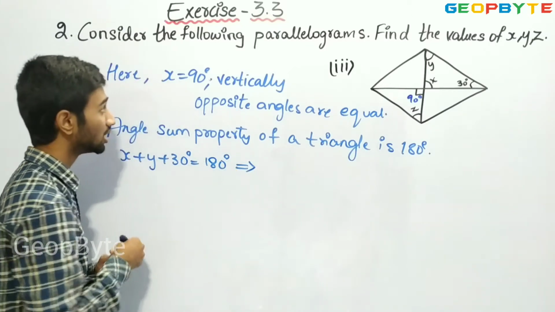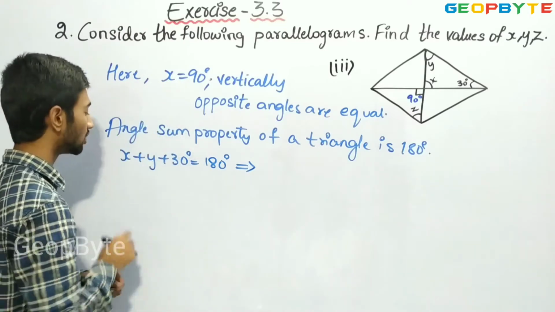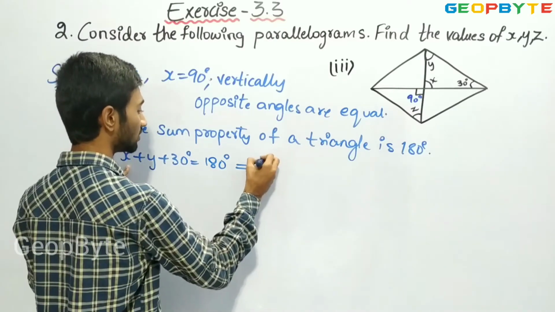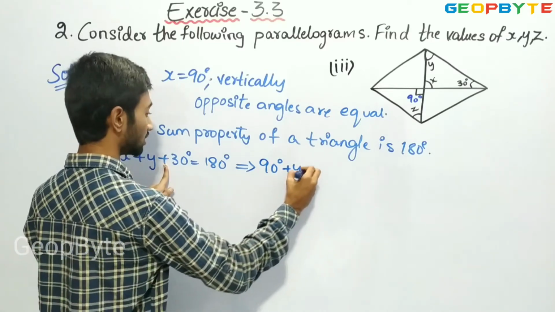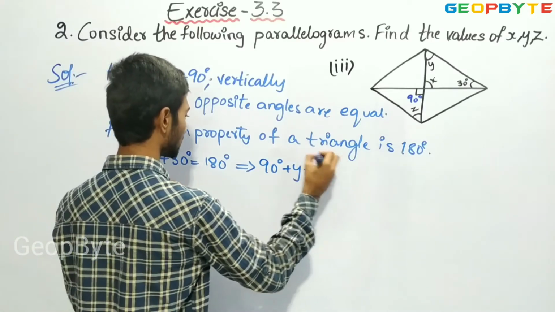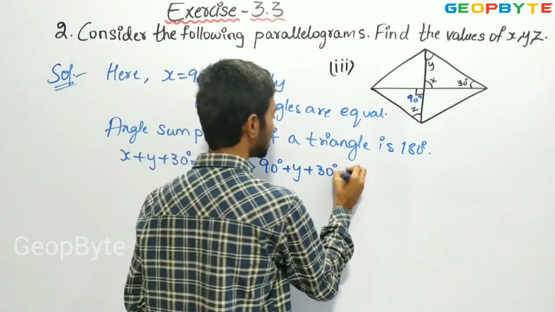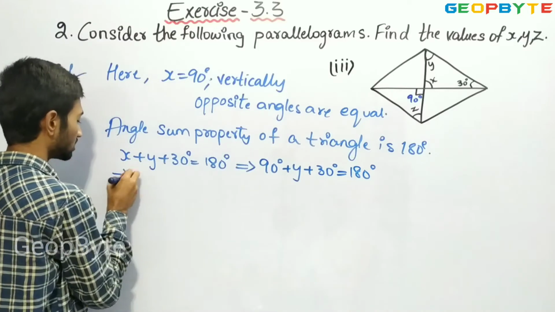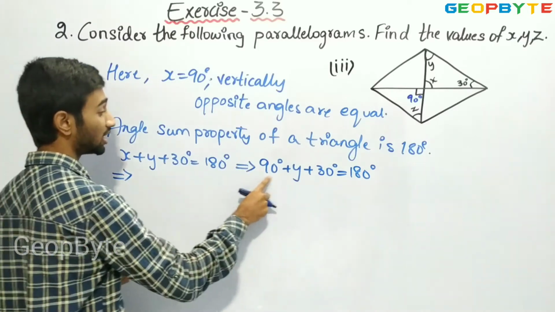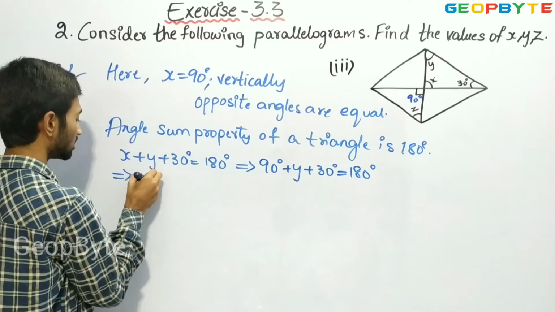That implies here we have the value of x equal to 90. So in place of x we will write 90 degrees plus y plus 30 degrees equal to 180 degrees. That implies 90 plus 30 equal to 120.